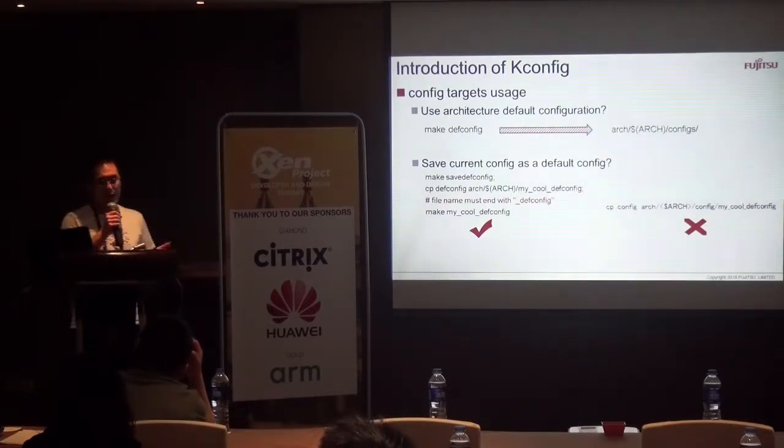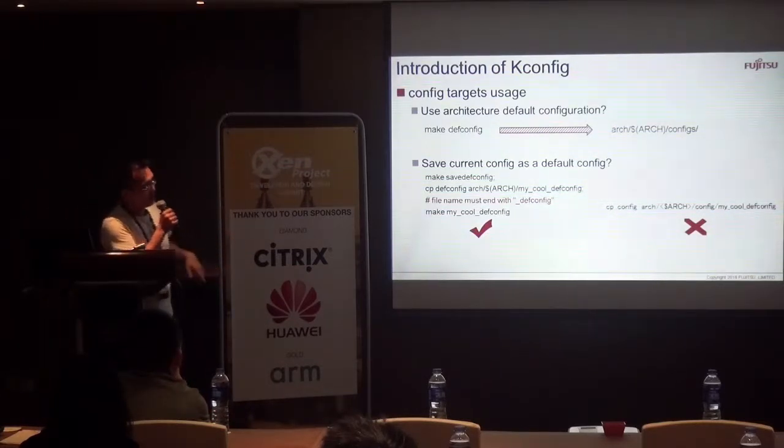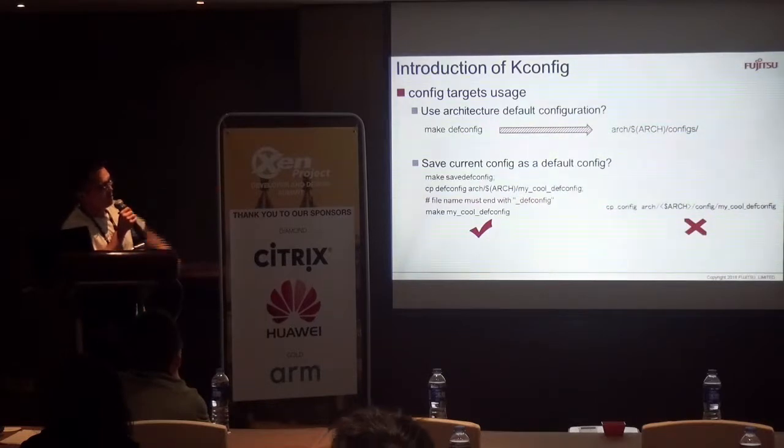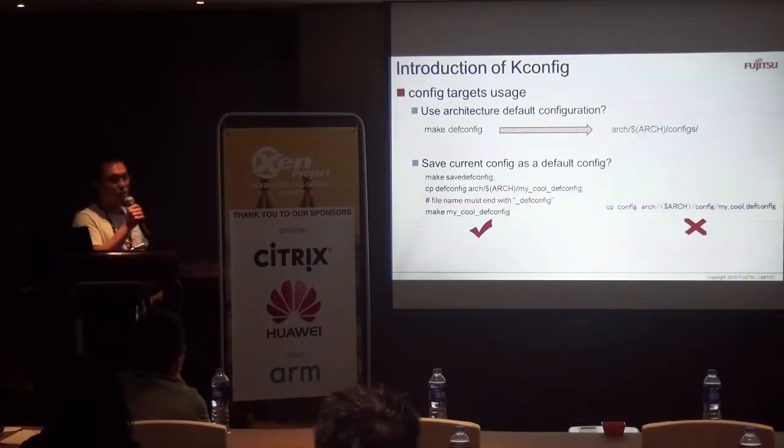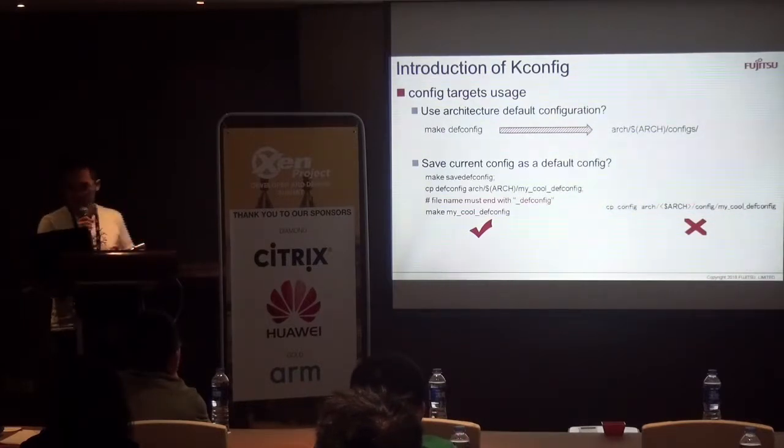Almost every architecture provides default configuration under the directory arch/configs. Some architectures may provide not just one, maybe a few, but only one is used by the architecture, which is specified in the makefile.